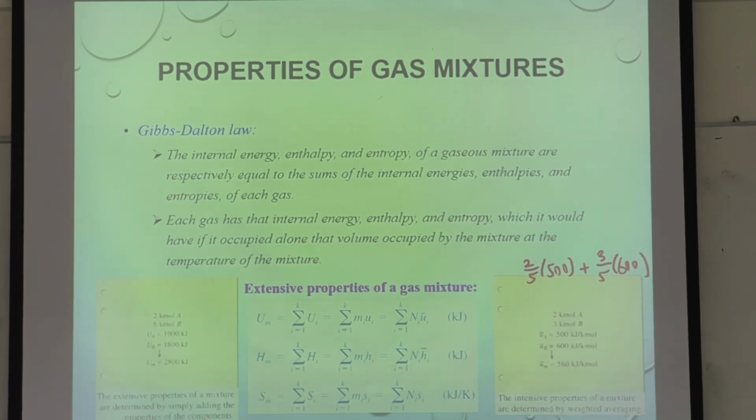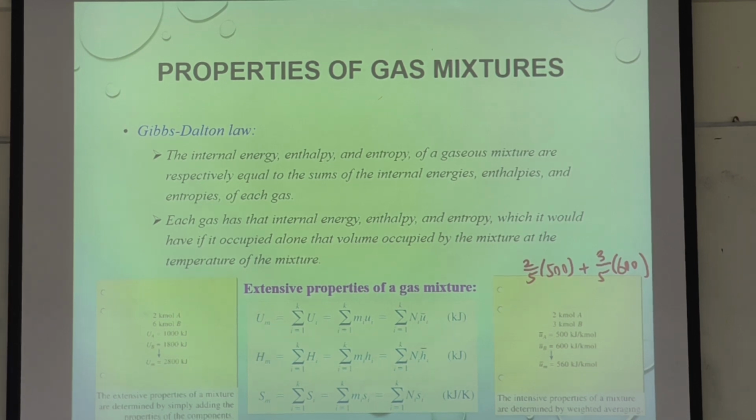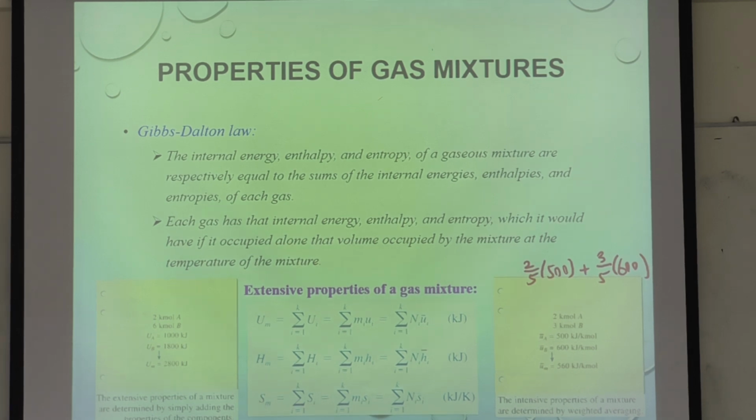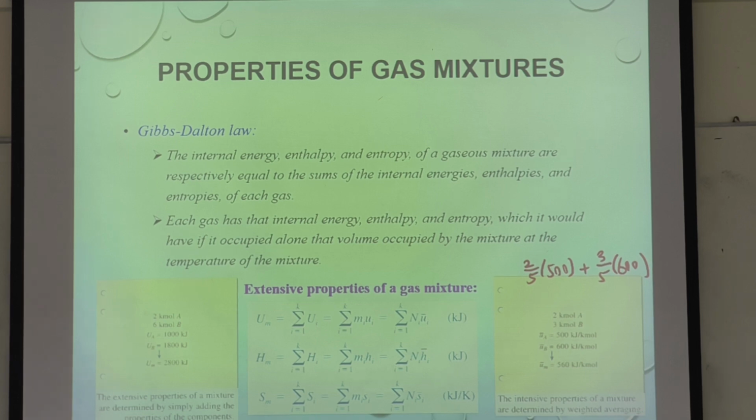This is exactly the same thing that we did just now for the gas constant, the specific gas constant. So now we are doing the same thing for, let's say, internal energy, enthalpy, and also entropy. So it has to be the fraction, not the normal value itself. Let me rephrase a bit.